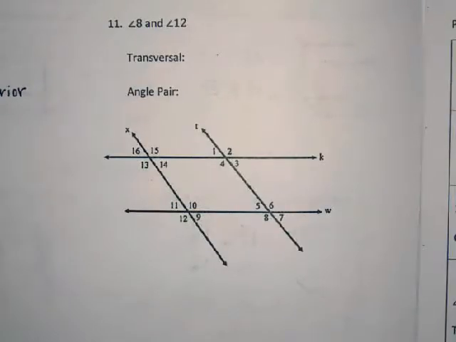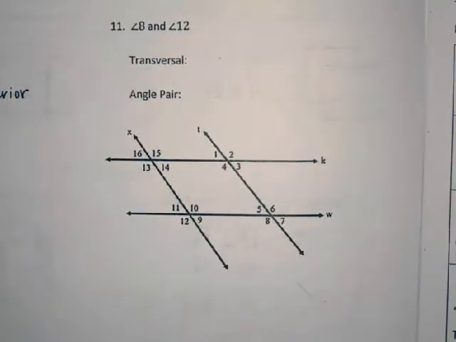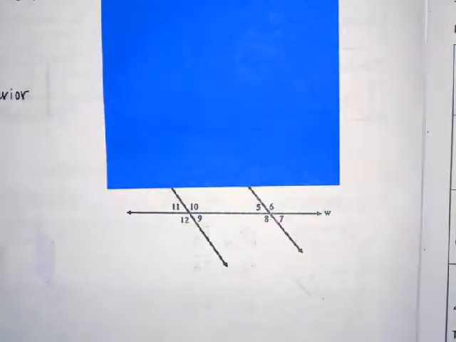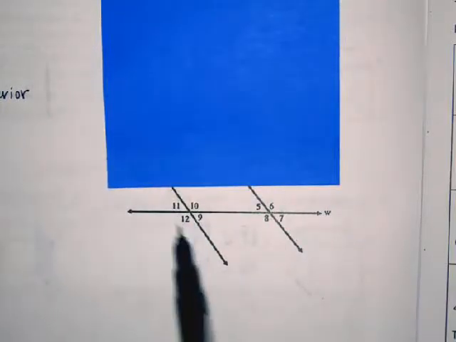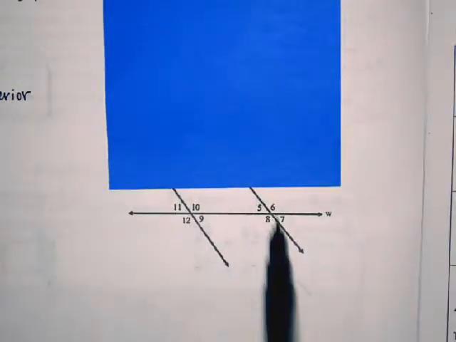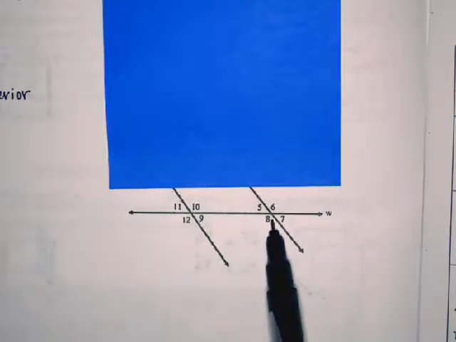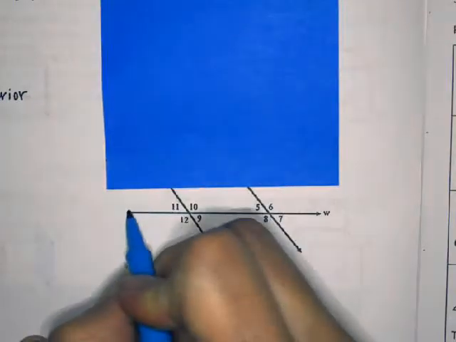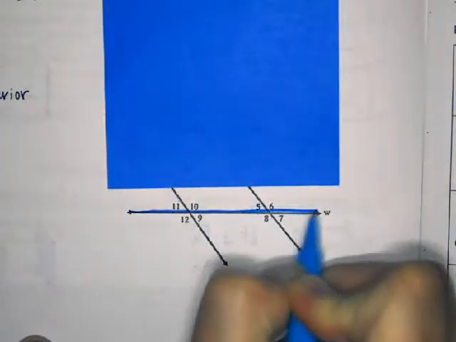So now for problem 11, I'm looking at angle 8 and 12. So again, I'm going to figure out, here's 8 and 12 down here, so I can tell right away that I don't need the rest of that picture. So now 8 and 12, I notice that they're on the same side of the transversal, and they're both to the left of those lines. So again, here's my transversal in blue.